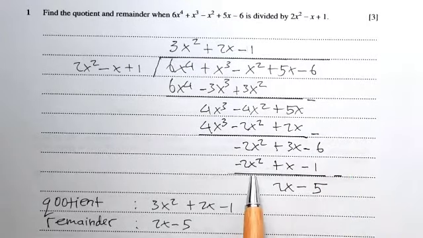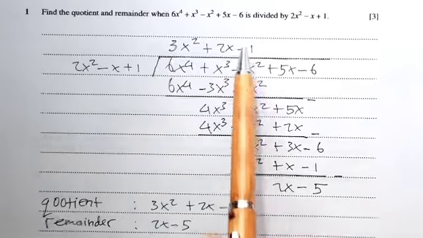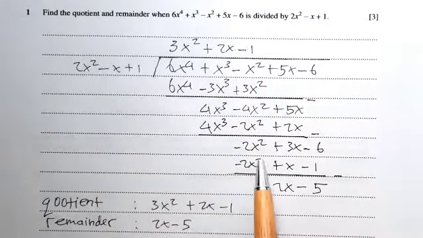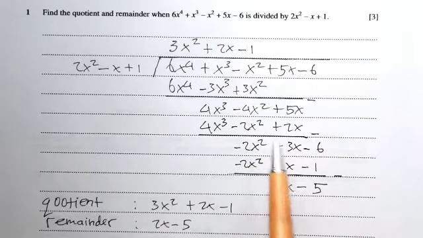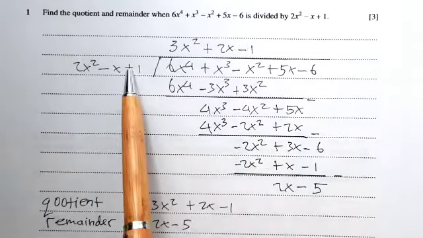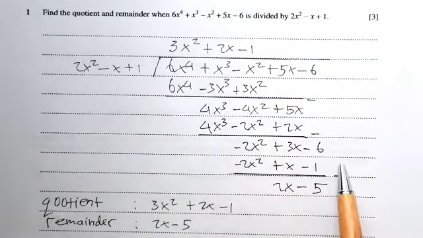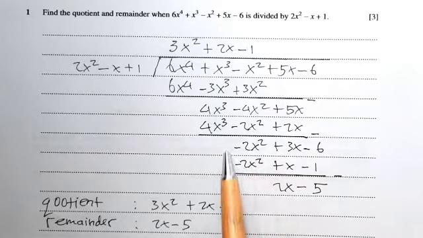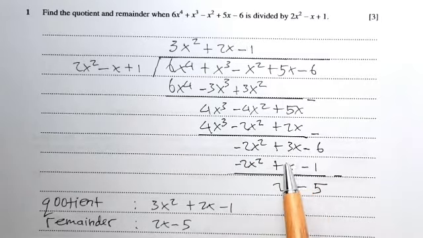Now we need minus 1 here, because minus 1 times 2x squared, that is minus 2x squared, equals these leading terms, and then minus 1 times minus x is plus x, plus 1 times minus 1, that is minus 1. Subtracting here, minus 2x squared minus 2x squared, that is 0, 3x minus x is 2x, and minus 6 minus 1 is minus 5.